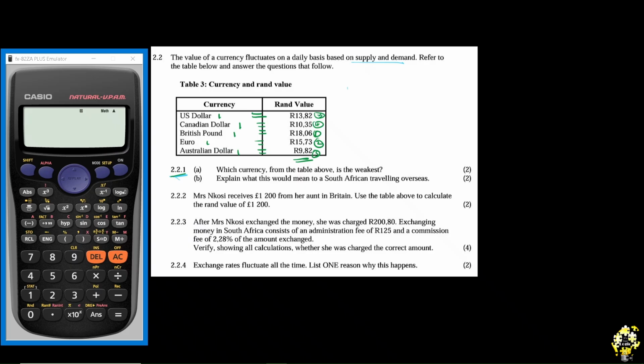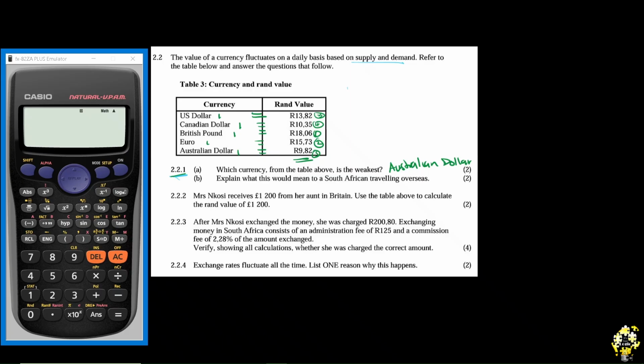Okay, strong. This one slightly stronger because you need 9 rands to buy the Australian dollar. So that means the Australian dollar is the one which is the weakest. So here, the Australian dollar is the weakest.